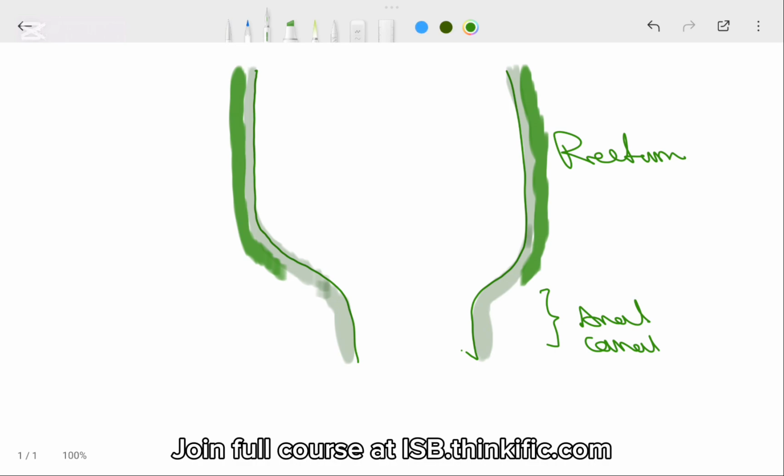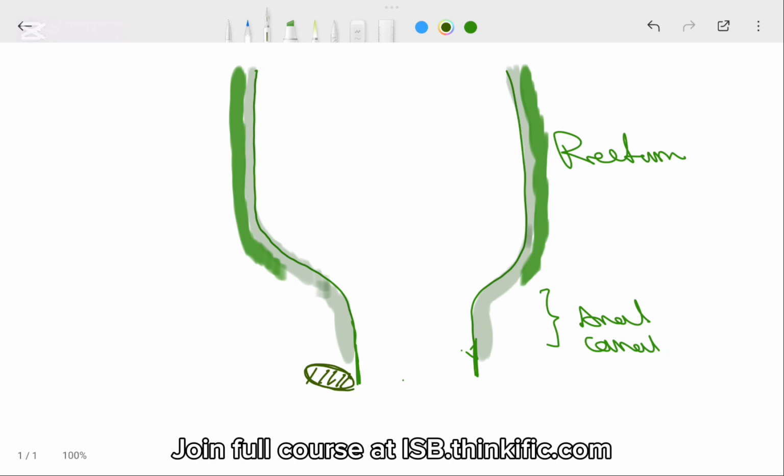Now let's focus our attention on the external sphincter system of the anal canal. This is the anus, anal opening. So the external sphincter system is skeletal muscle, voluntary, supplied by branches from the pudendal nerve, a somatic nerve. It acts as one unit, but actually it's composed of three subunits.